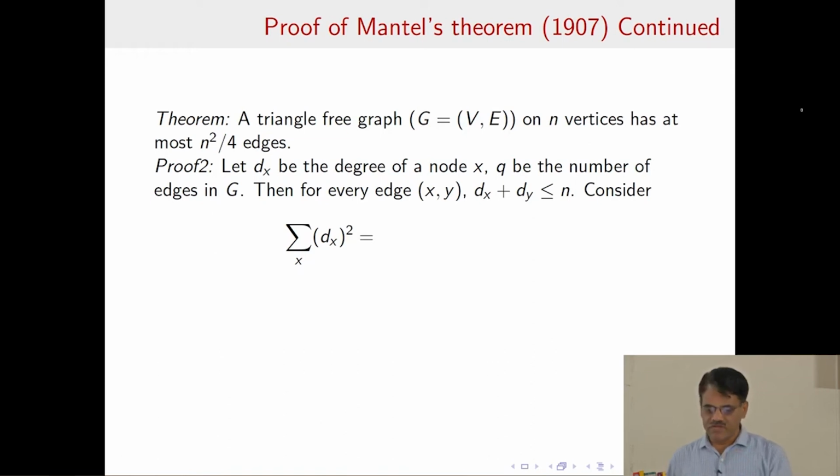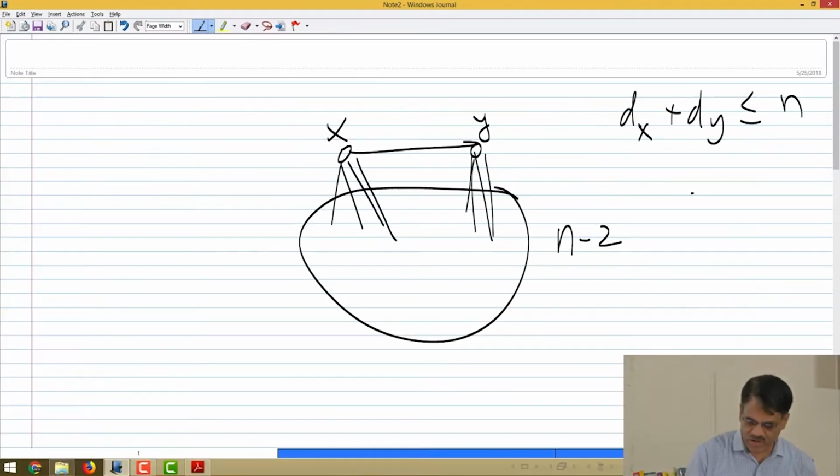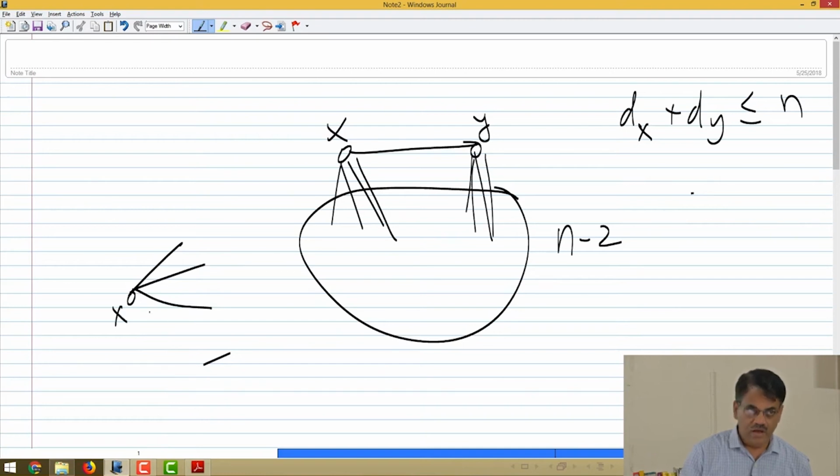So just look at one entry dx whole square. I take a vertex x and it has dx many edges going out of it. So I throw in a weight of dx here, dx here, dx here, dx here, and add the weight of these edges. That is exactly dx square, right.